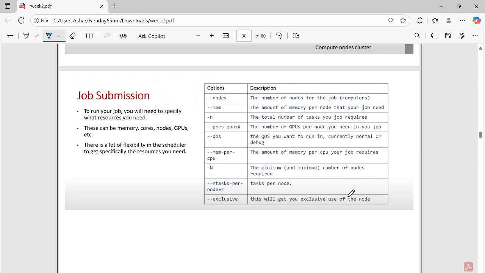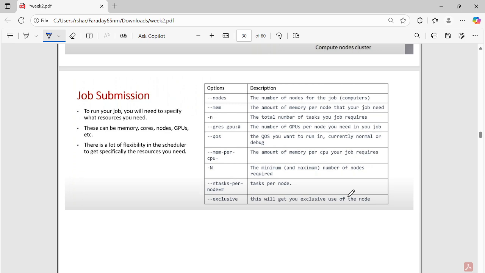Job submission. So what can we ask from this manager? Say we need 1 GB, 2 GB, 4 GB, or we need one computer, two computers, how much memory, how many compute nodes. These things we can ask when submitting a job.